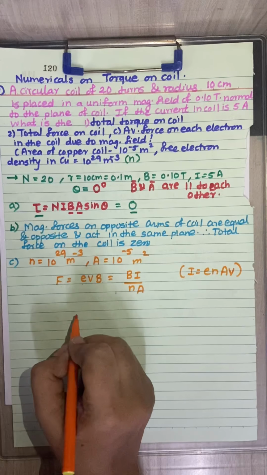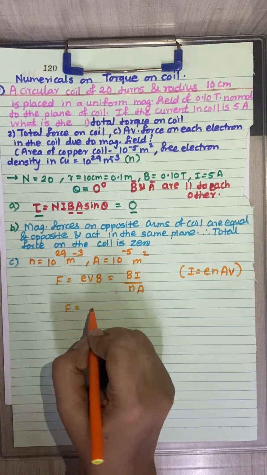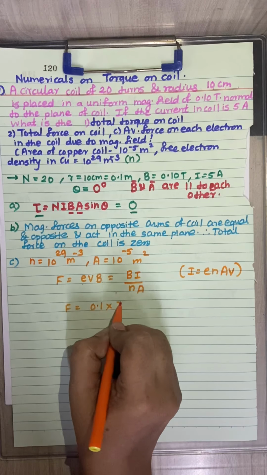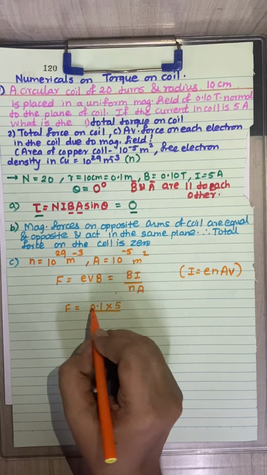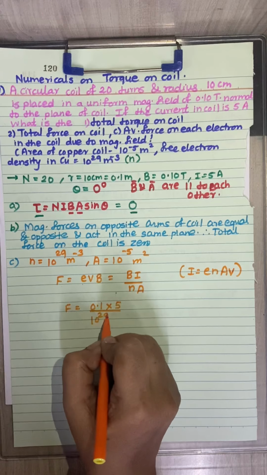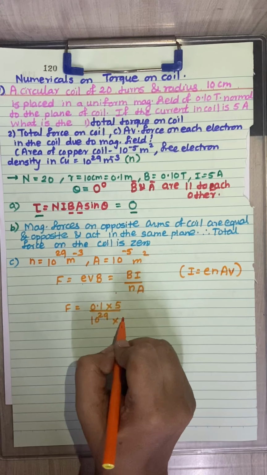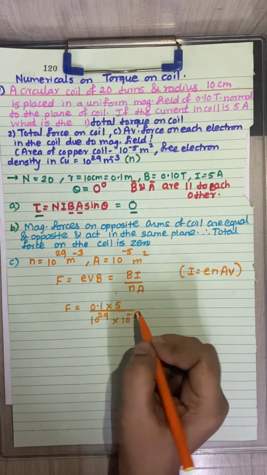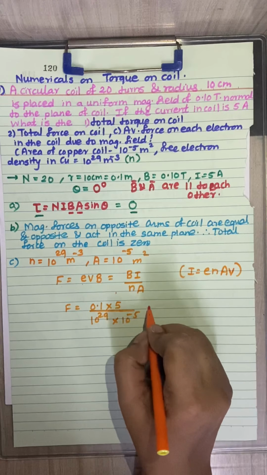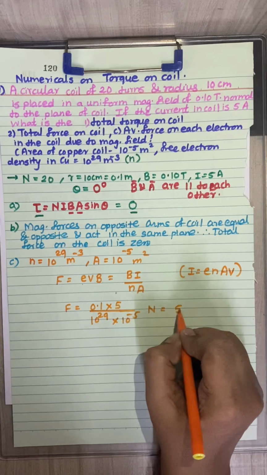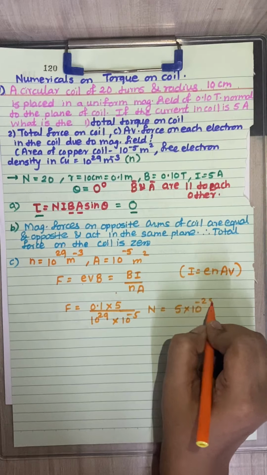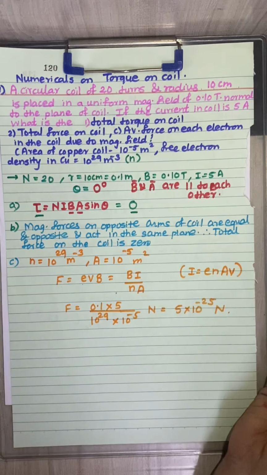Okay, therefore F is equal to, B is given 0.1 Tesla, current is given 5 ampere, n is given 10 raised to 29, and the area is given 10 raised to minus 5 meter square. Okay, so this value comes out to be 5 into 10 raised to minus 25 Newton.